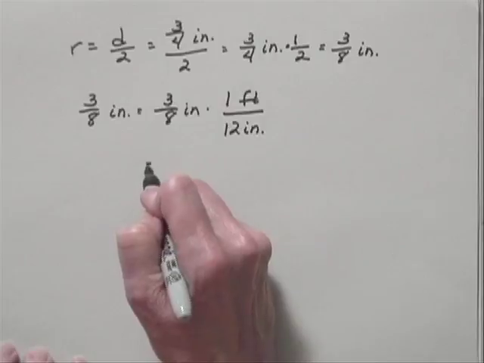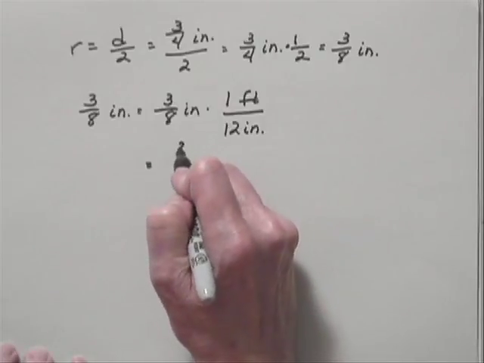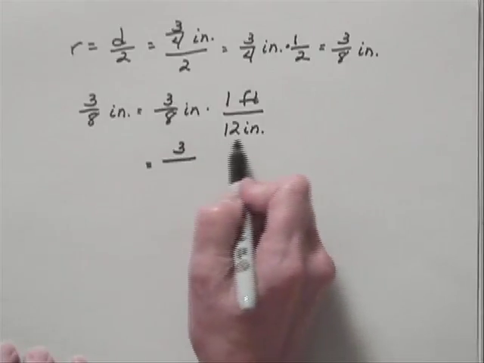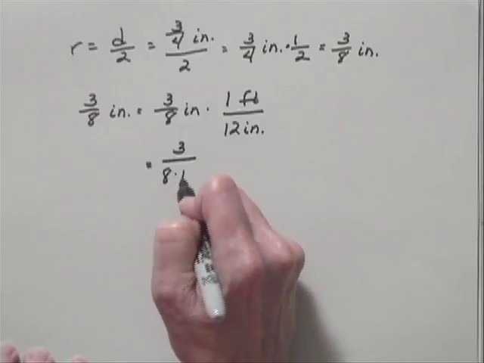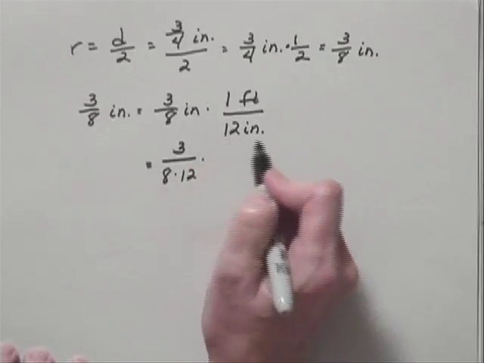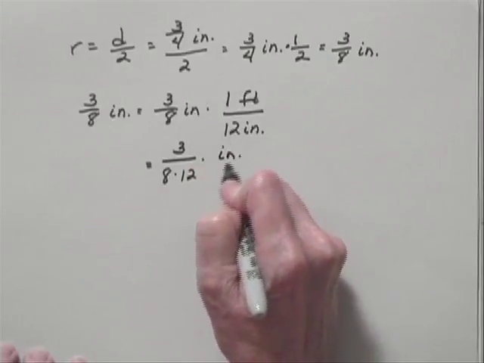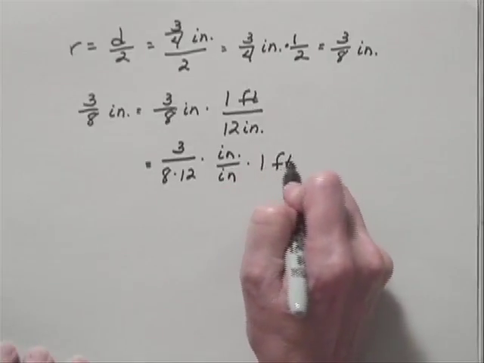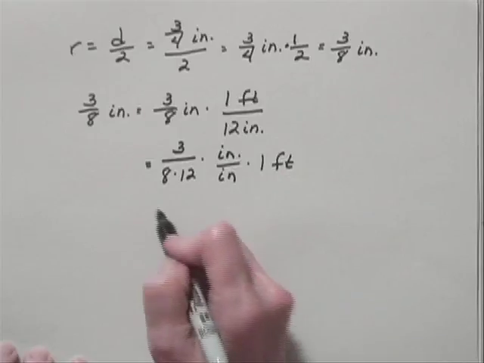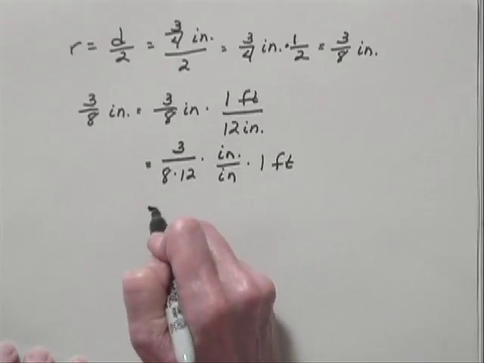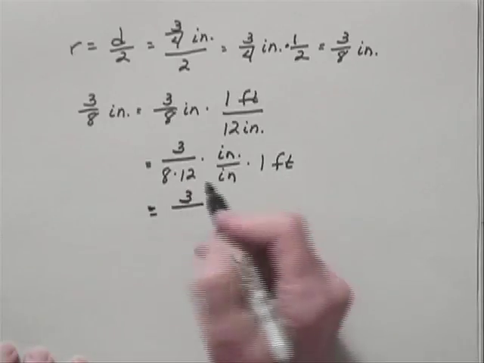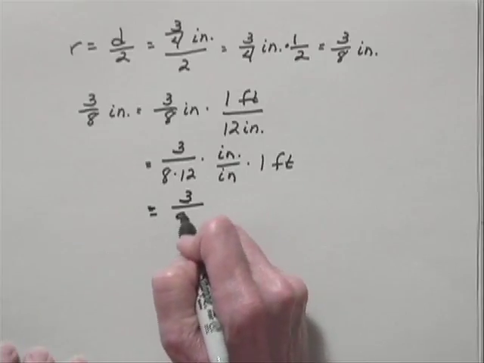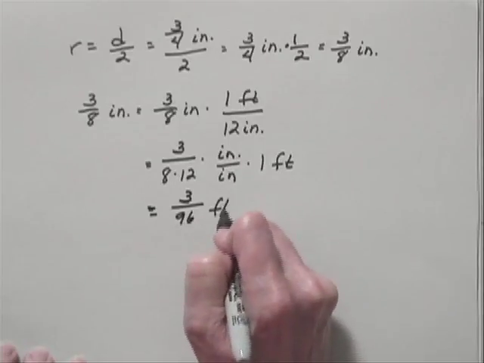And what I have now is 3 over 8 times 12, and then I have inches over inches, and times 1 foot. Inches over inches is equal to 1, so I have 3 over 96 feet.